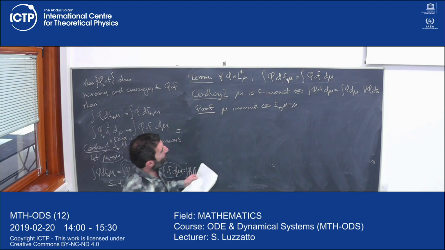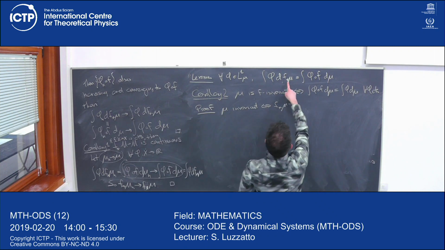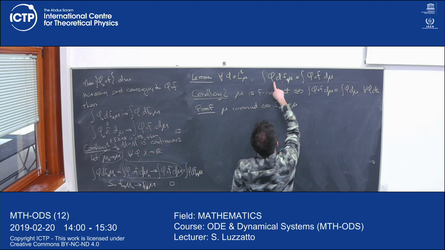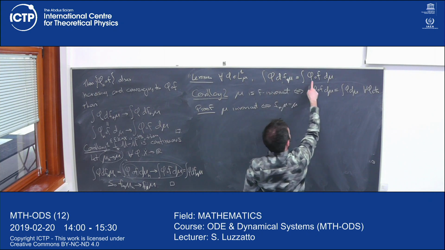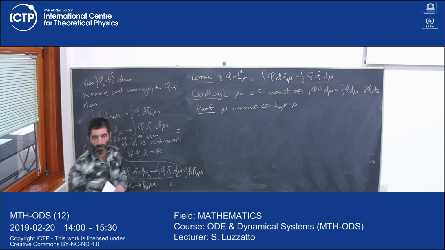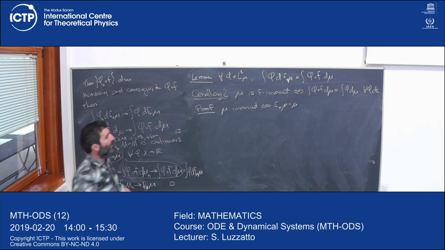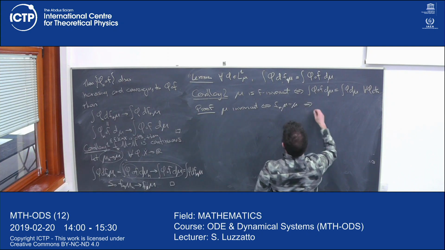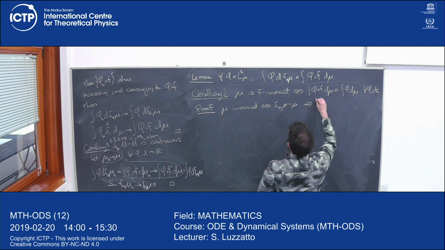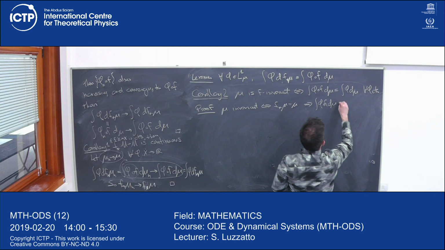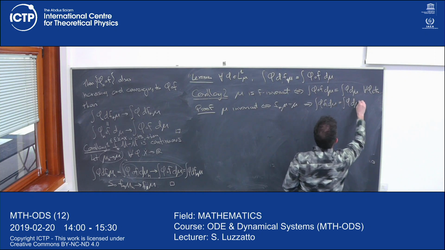So if mu is invariant, then by this lemma the integral of phi d f star mu is equal to the integral of phi d mu, which is equal to the integral of phi composed with f d mu. So you get this. Okay? So this implies that the integral of phi composed with f d mu is equal to the integral of phi d mu.